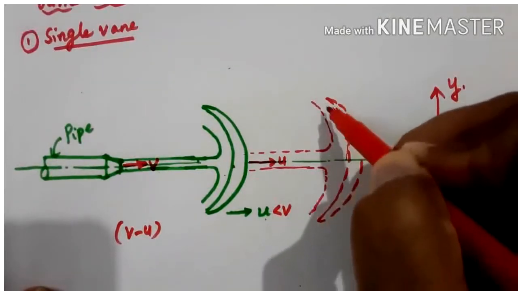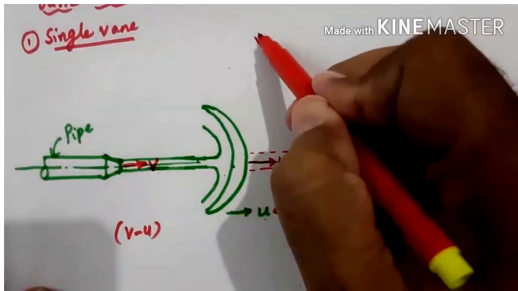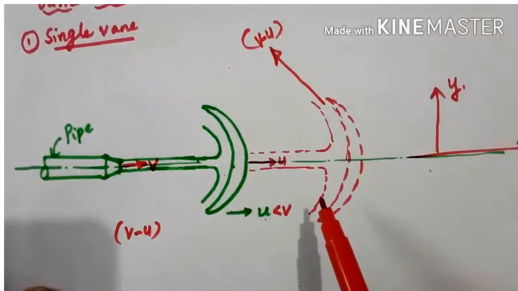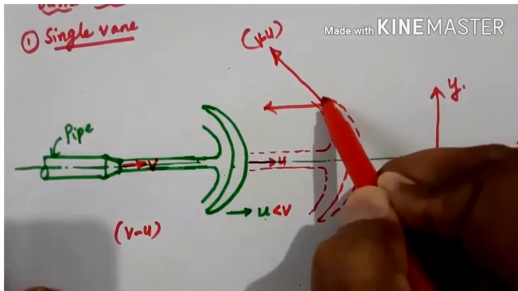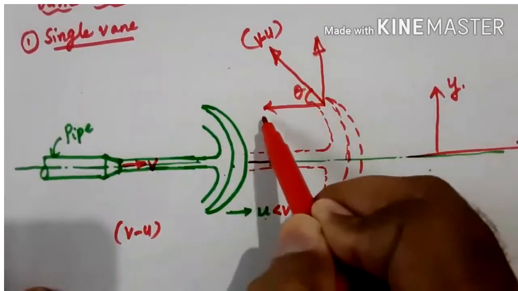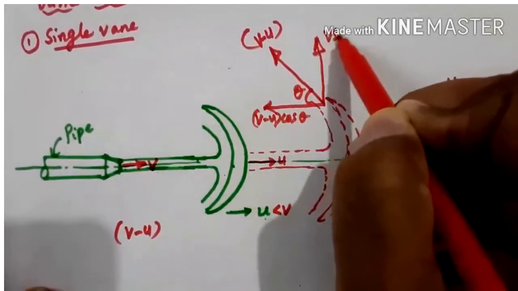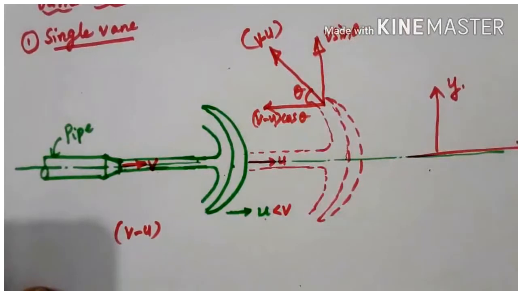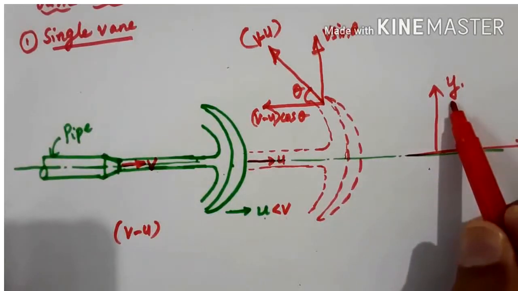Then it goes out of the vane with the relative velocity v minus u. Then again, if you resolve this, you'll get two components. So this is theta, and this component is (v minus u) cos theta, and this will be (v minus u) sin theta. Again, as usual, we have to apply the impulse momentum equation to calculate the force in x direction as well as the force in y direction.